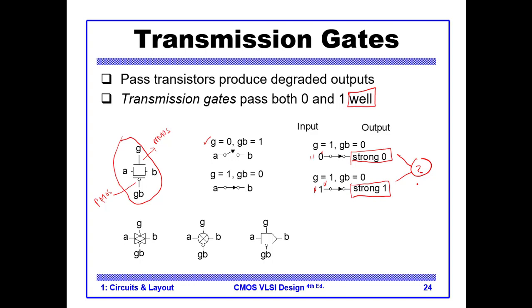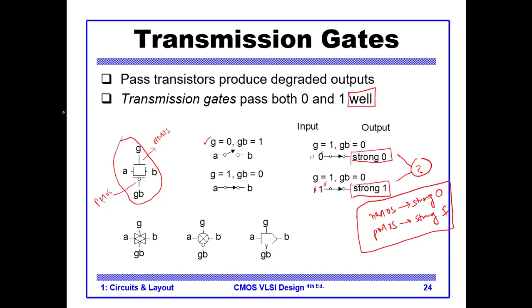Remember, the case was different for a pass transistor. If it is an NMOS, it gives you a strong 0. If it is a PMOS, it gives you a strong 1. So what is different here? That it can give you both a strong 0 and a strong 1.